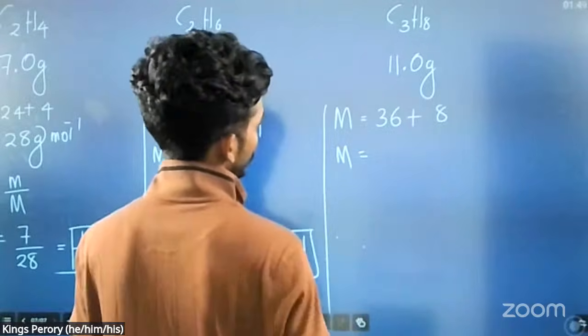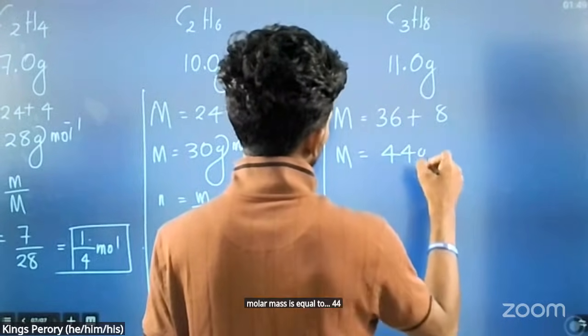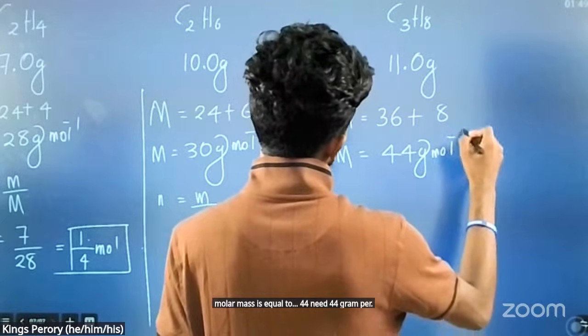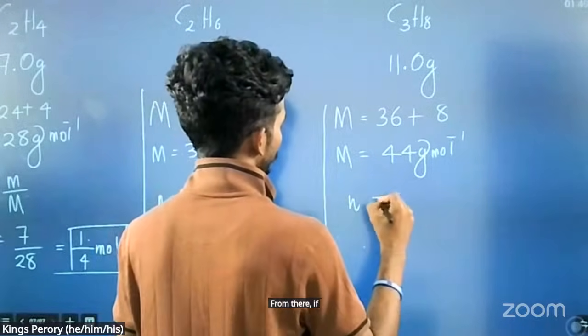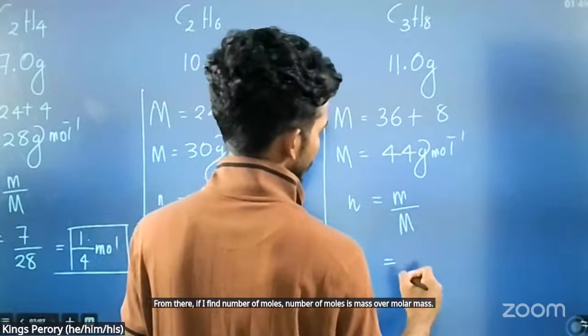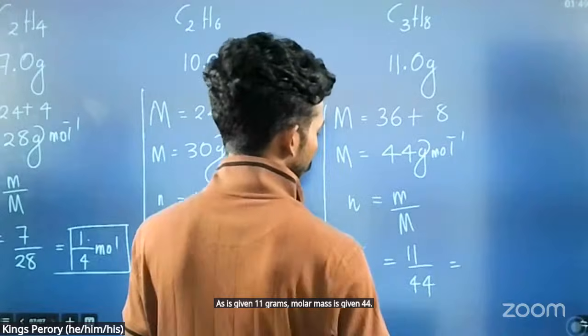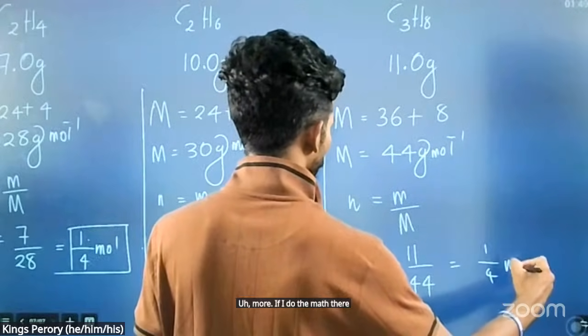Molar mass is equal to 44 gram per mole. From there, if I find the number of moles, it is mass over molar mass. Mass is given, 11 grams. Molar mass is given, 44 per mole. If I do the math there, 1 over 4 moles.